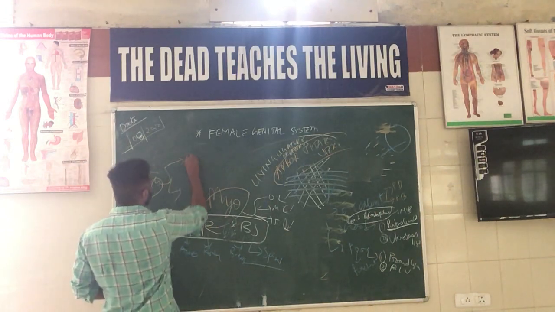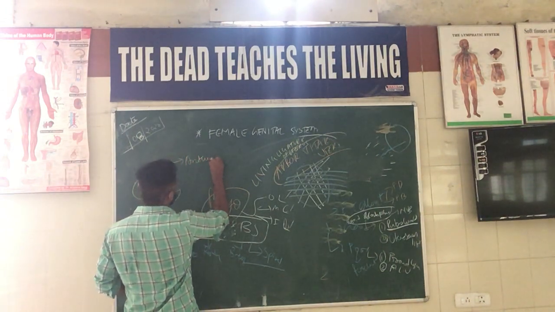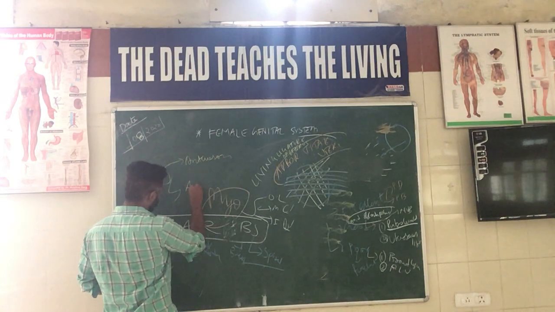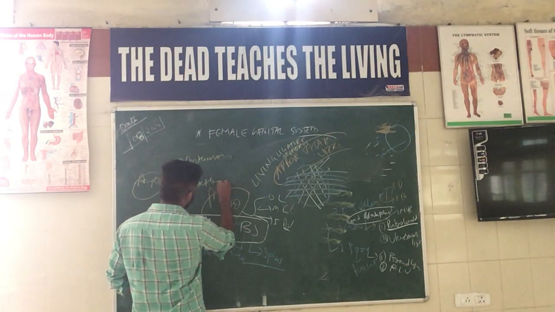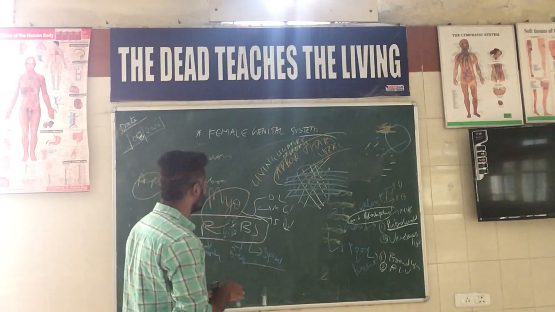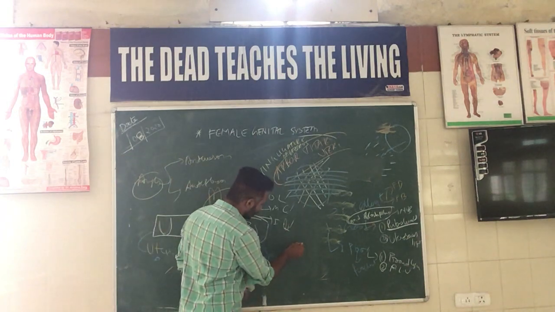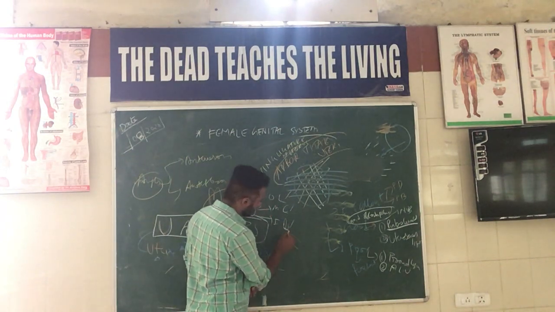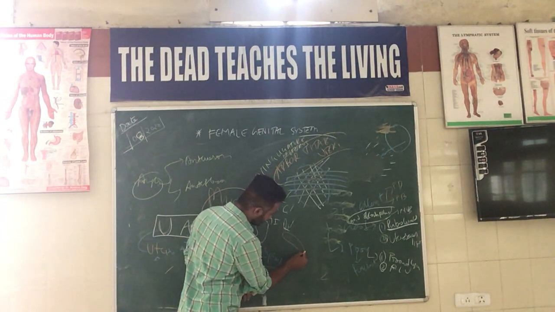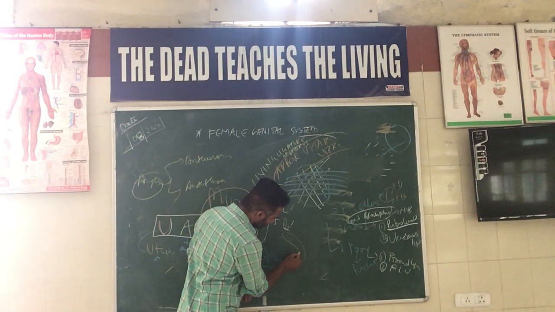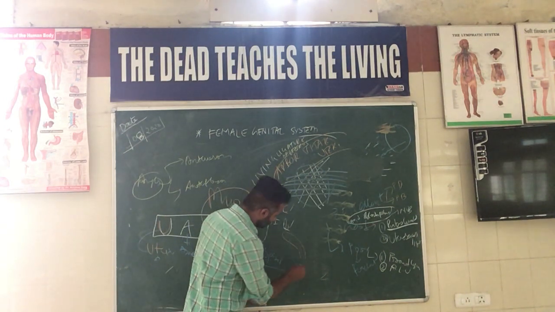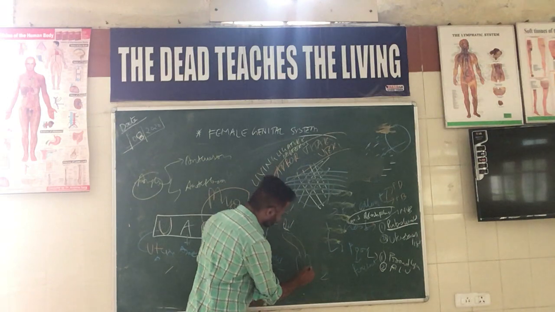One is anteversion, another is anteflexion. Anteversion and anteflexion. We have all studied that the uterus has a fundus, body, and a cervix, and we even have the vagina.